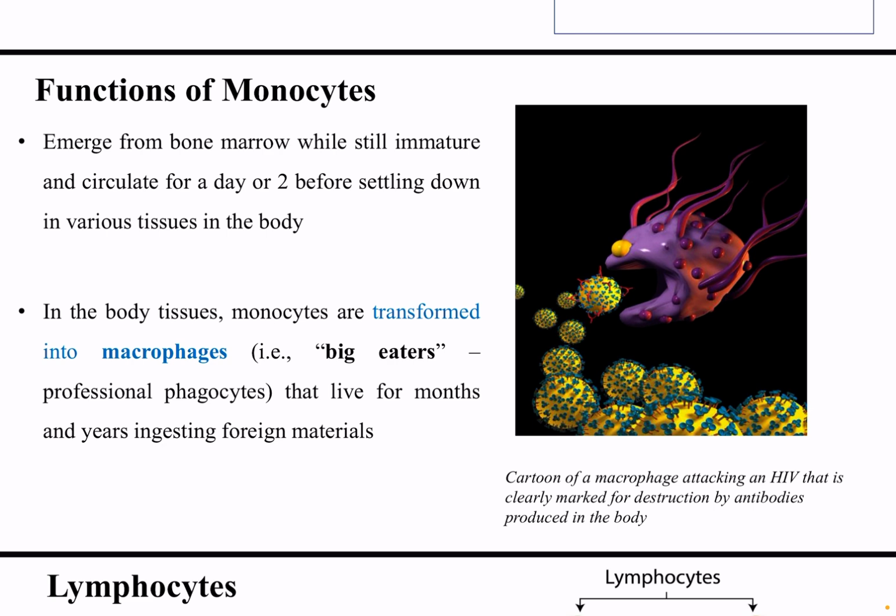Then it transmigrates to the tissue to act as an important phagocytic cell known as the macrophage. Macrophage is a Greek name meaning big eater, and it plays an essential role in the immune response at the level of the tissues. It has a very long lifespan, and may stay within the tissues for months and even years.